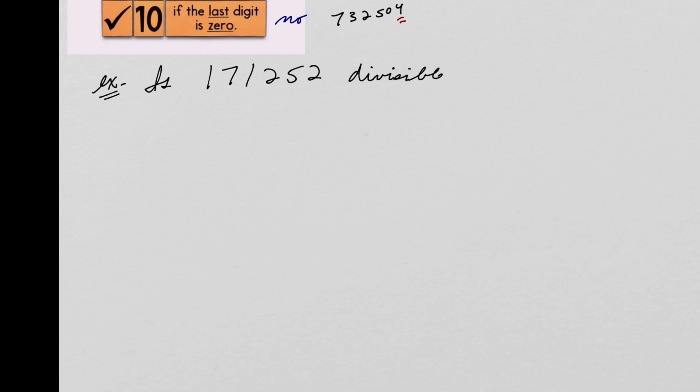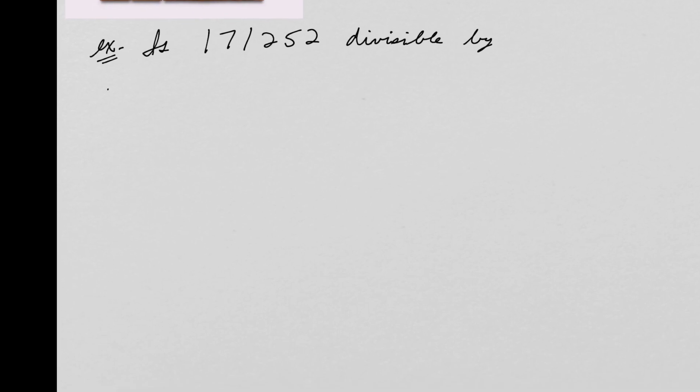We're going to check all of our numbers: 2, 3, 4, 5, 6. We'll skip 7, and 8, 9, 10. Okay, is it divisible by 2? Yes. How do we know? It ends in 2. The number ends in 2.